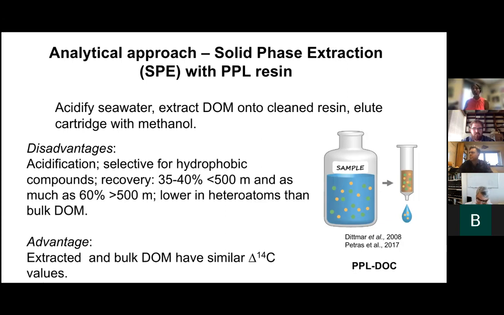At the surface, we have values between -280 and about 300 per mil, similar to the bulk reservoir. And at depth, we have values around -550, which is what we expect for the deep Pacific. That has led us to assume that both the refractory component and the young component must be represented in some way in this fraction that we extract from seawater.